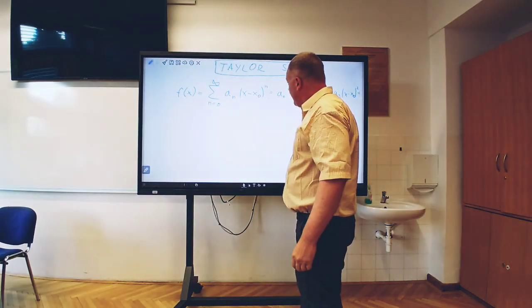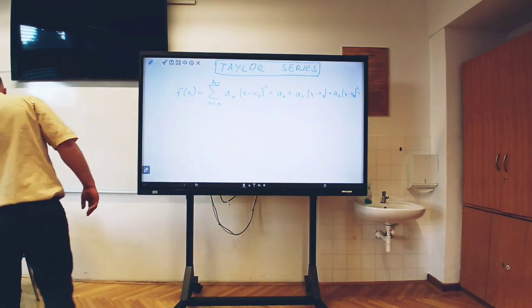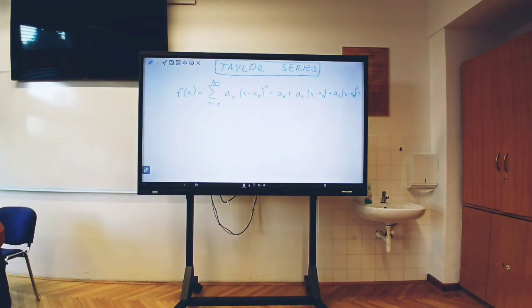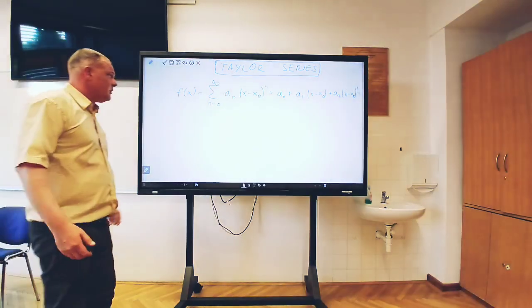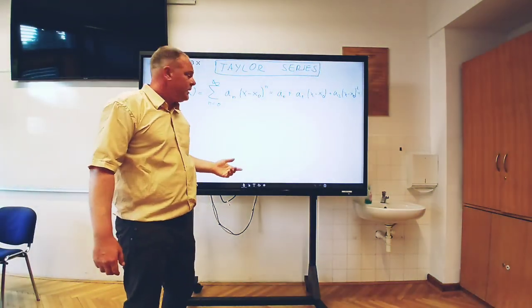And now what we do, simply we derive this function. First we don't derive it and we insert x0, so we get only a0 and so on.